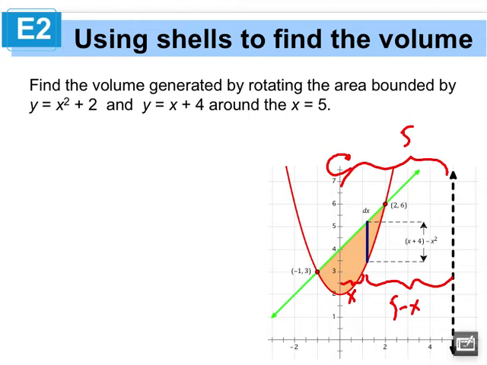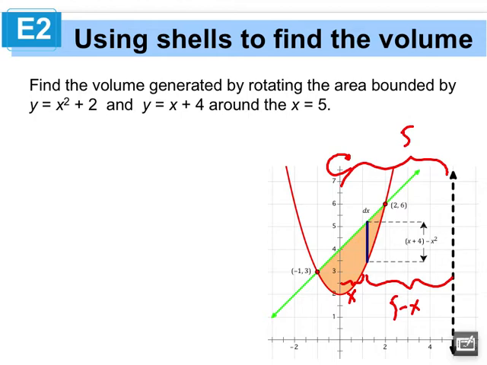Now we have everything. Oh, wait, we need one more thing. I'm taking rectangles from where to where? What are my limits of integration? -1 to 2 or 3 to 6? Caitlin, what do you think? 3 to 6, because it's going around in x equals.